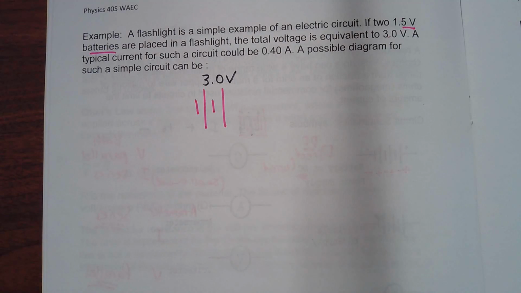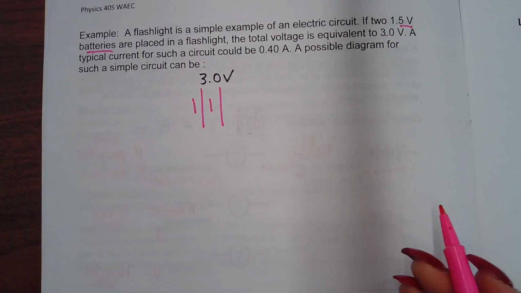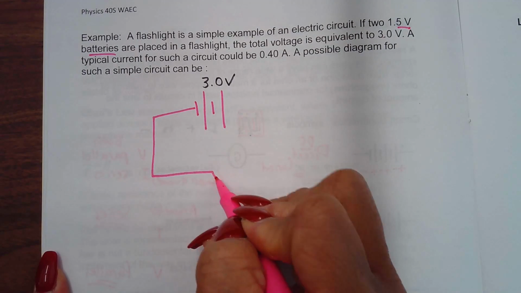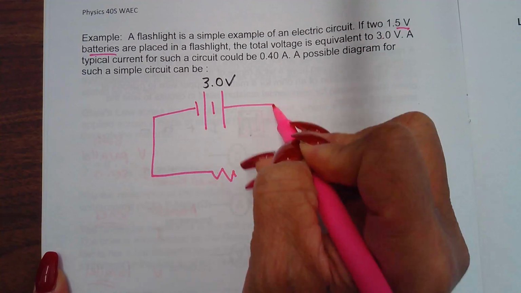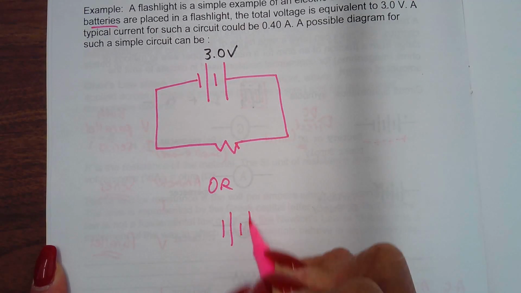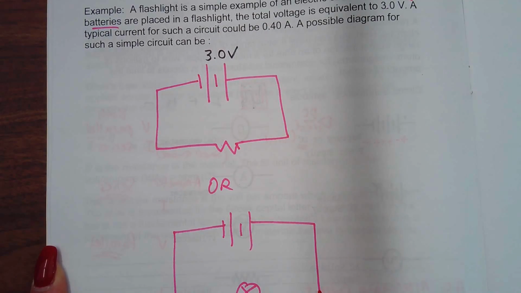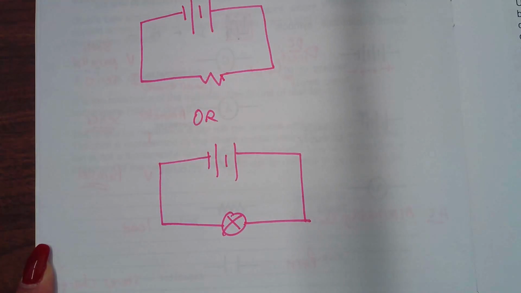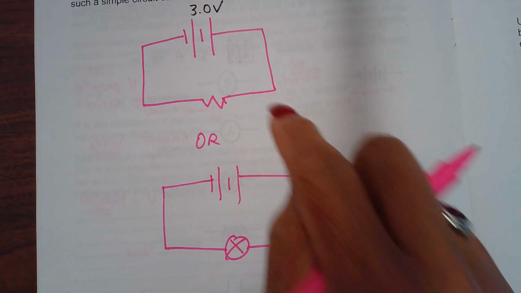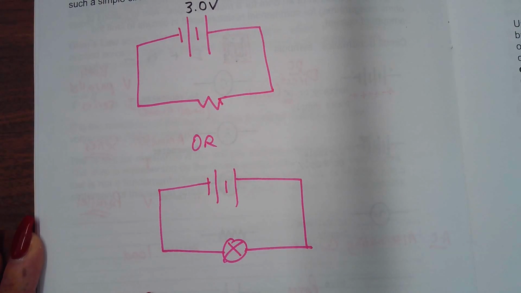A possible diagram for such a simple circuit can be, well, this is just a flashlight. So here's your light there. You can also go like this, like that. Okay, so there's your light or a resistor, but in this case it says it is a flashlight.